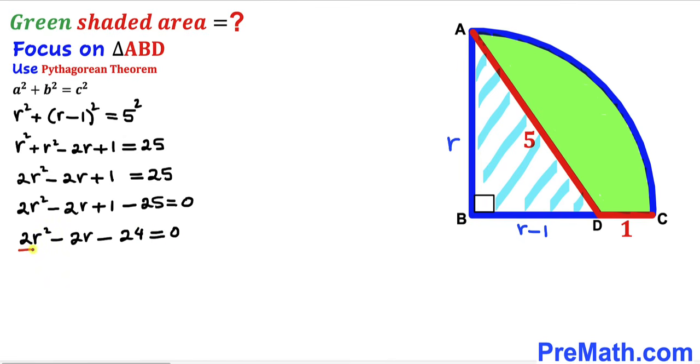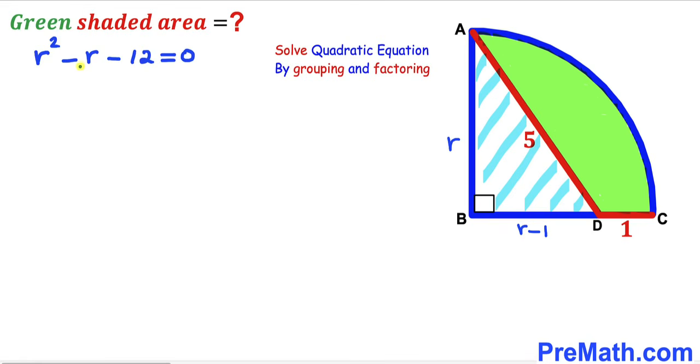Now I am going to divide by 2 across the board, dividing each and every term to make our job simple. That gives us r square minus r minus 12 equal to 0. So we end up with this quadratic equation r square minus r minus 12 equal to 0.